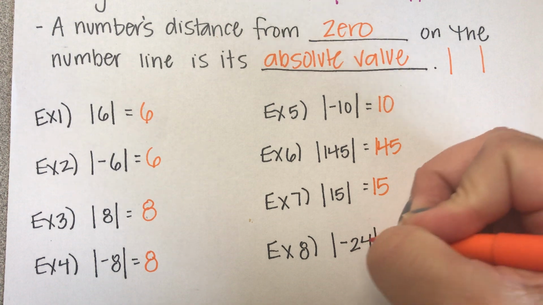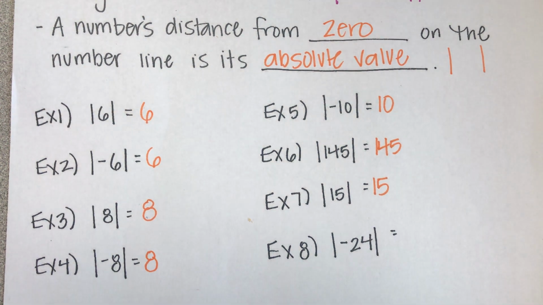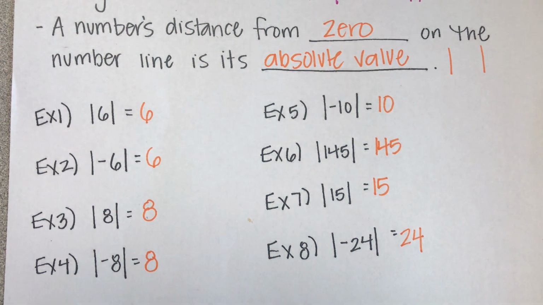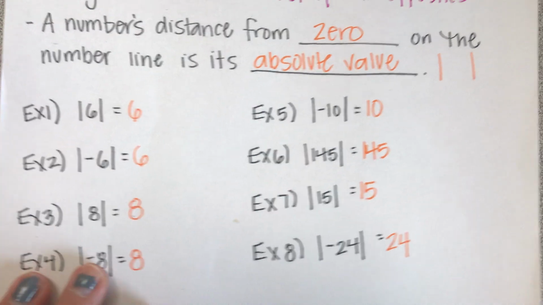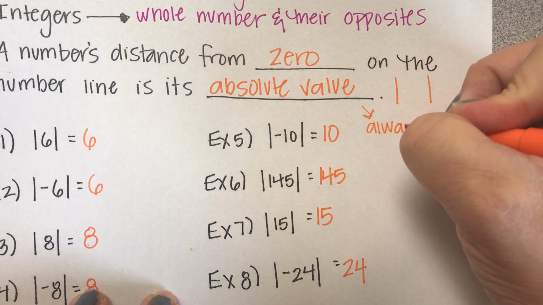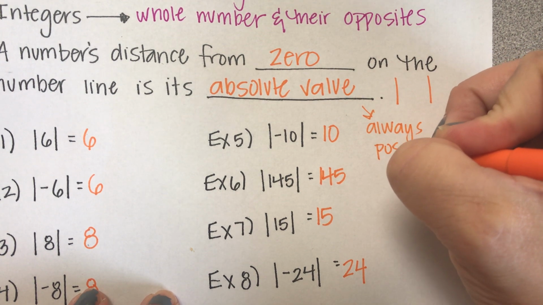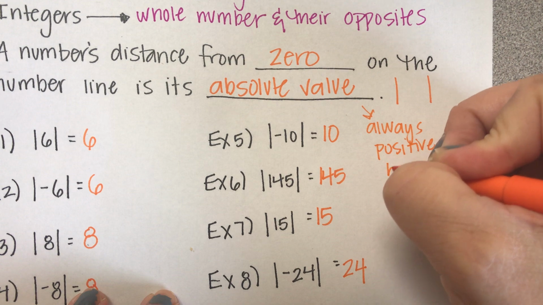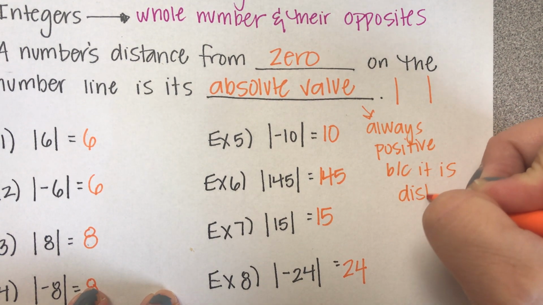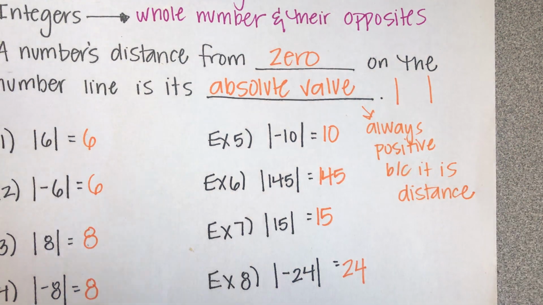And what would be the absolute value of negative 24? Positive 24, right? It's always positive because distance is always positive. Okay, absolute value is always positive. Here, we can write that out. It's always positive because it is distance, right? It's how far away from 0 that is, and that's always positive.